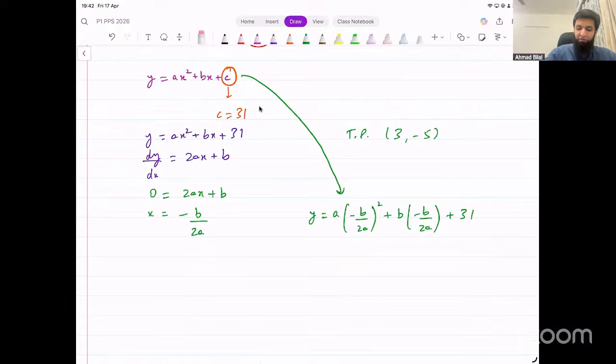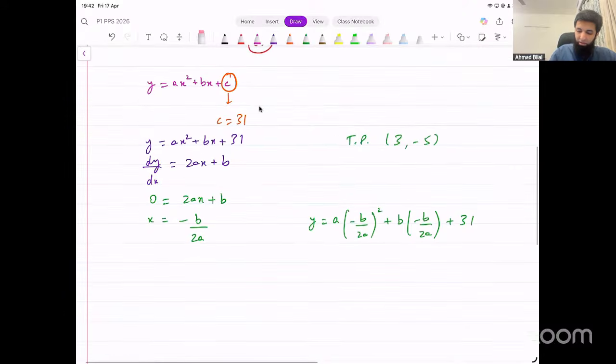Now that's the y coordinate. Since we know that the x coordinate is 3, we could equate this to 3 and we get one equation from this. Minus b equals 6 times a, or b equals negative 6 times a.